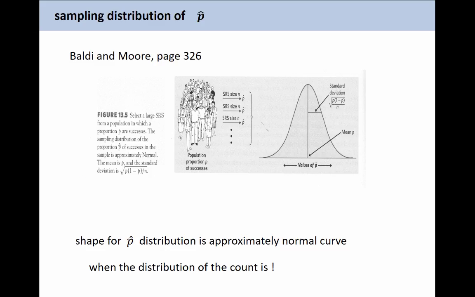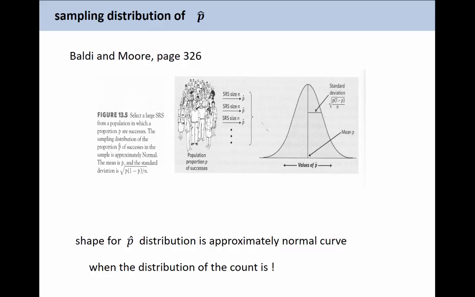And so finally, here's the cartoon illustration scanned in from figure 13.5 from Baldi and Moore. And basically, they're a little optimistic because they don't tell us the sample size. They know very well that this distribution is not going to look approximately normal unless the number of expected yes and the number of expected no are large enough.